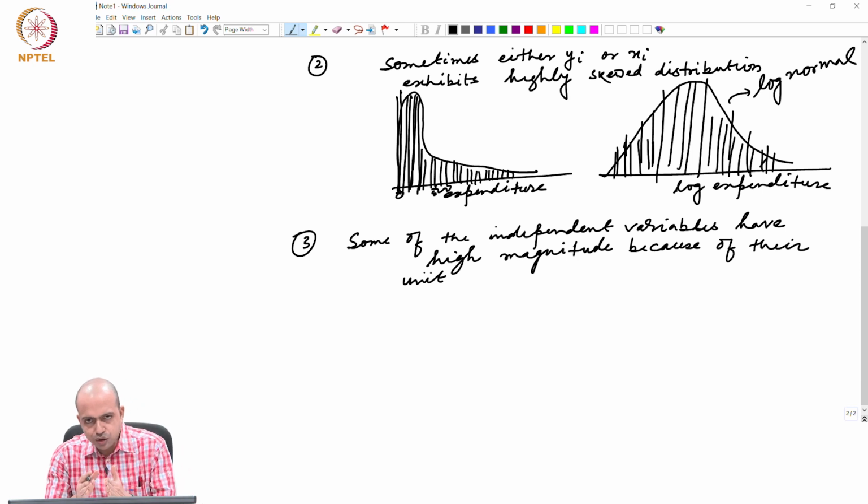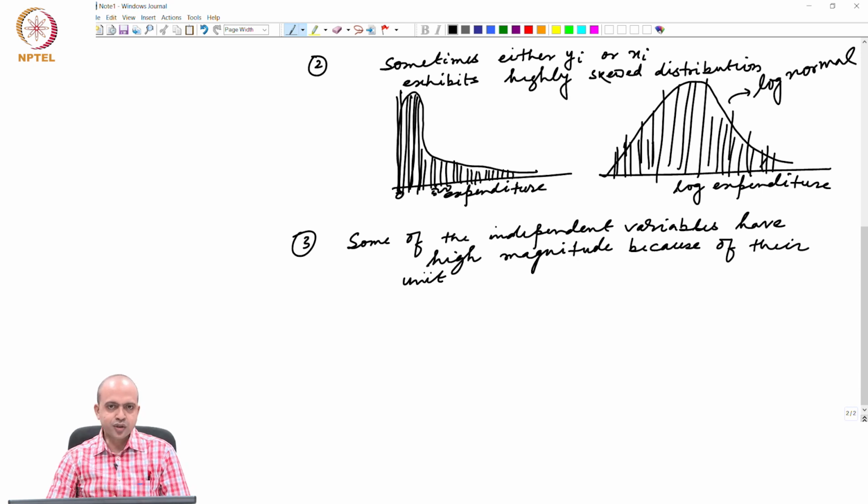So, if you include this type of variables, because of their unit, some variables show high magnitude and some variables show very low magnitude. So, you can transform variables like income, expenditure, and so on into log, so that you can get a parity in terms of the magnitude of all the explanatory variables in the model. These are some of the reasons for the logarithmic transformation.